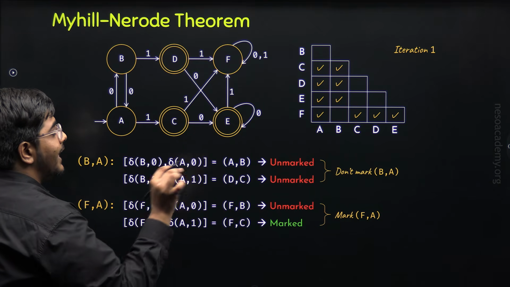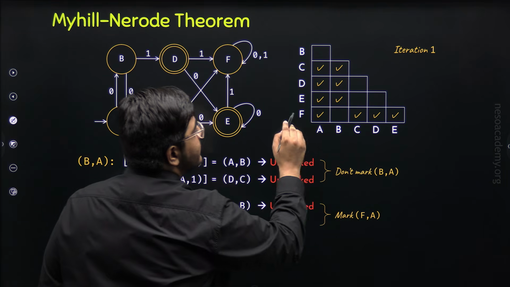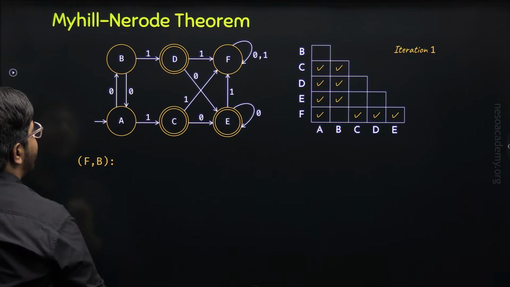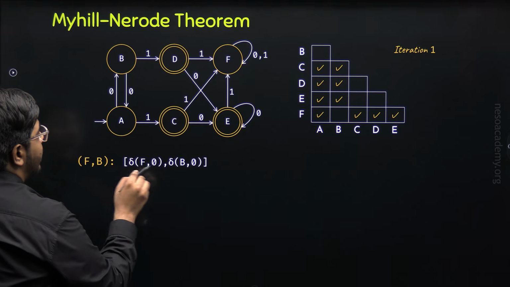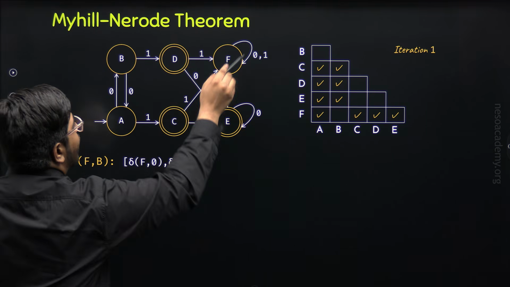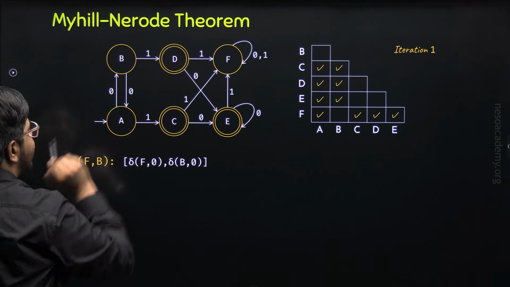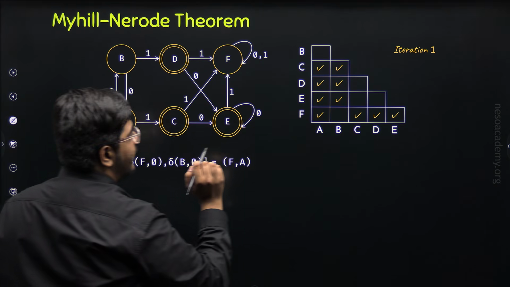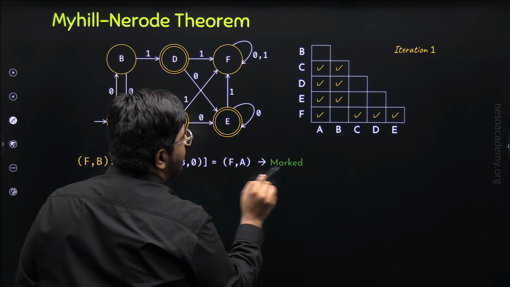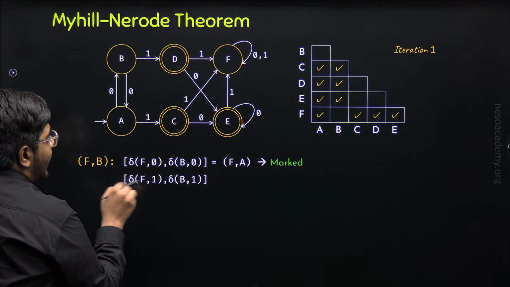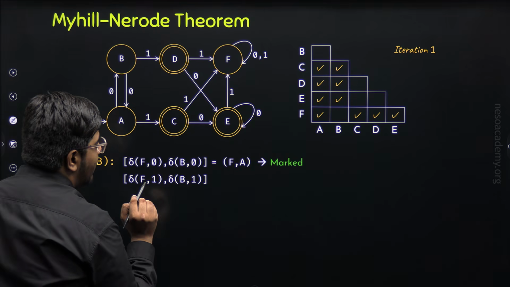Now let's check the next unmarked pair, which is F comma B, this one. So for F comma B, we need to calculate delta F comma 0, delta B comma 0. Now F comma 0 is F and B comma 0 is A. So we are having FA. Let's check FA. FA is a marked pair. Let's check for the input symbol 1, delta F comma 1, delta B comma 1.